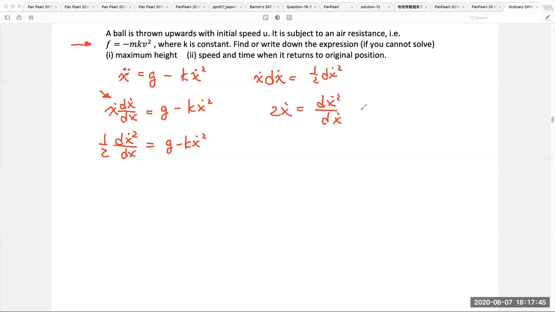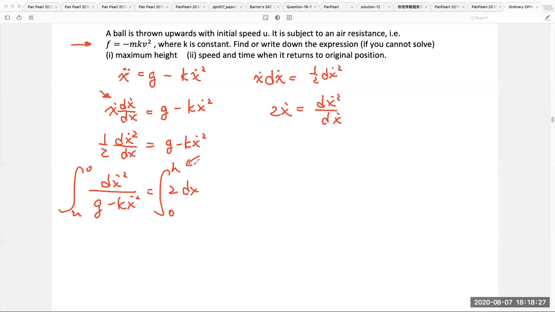Then this is a separable differential equation. If you want to get the answer, it's from 0 to h, and the velocity will be from u to 0. Then you can get the height from this equation.